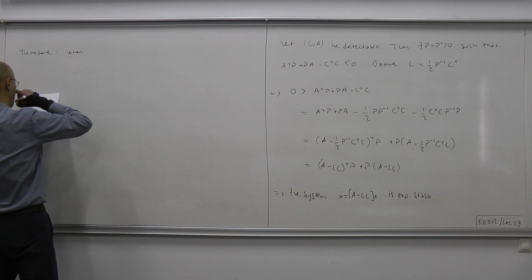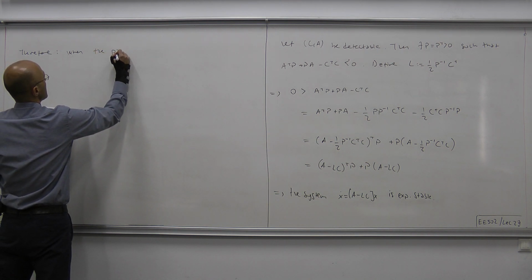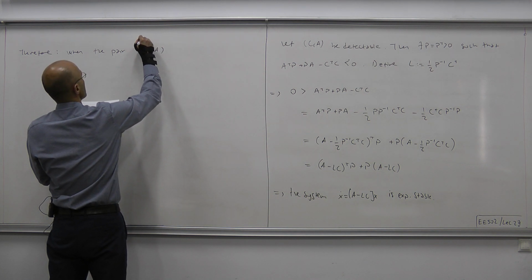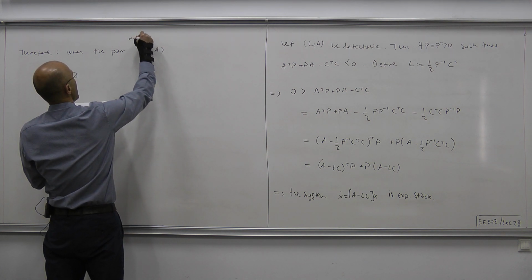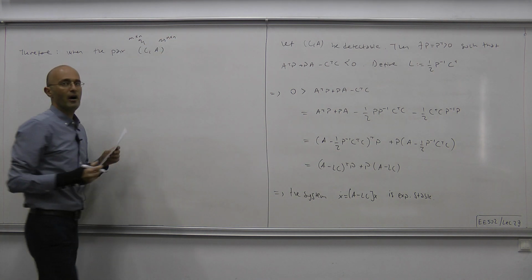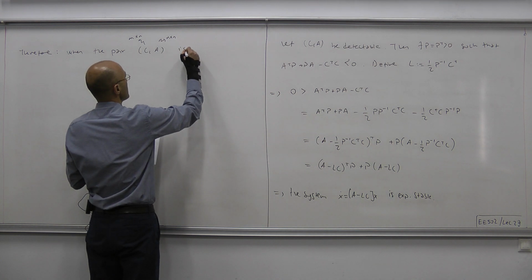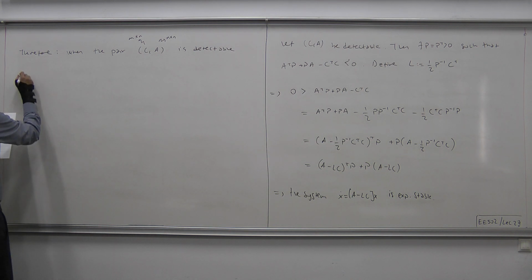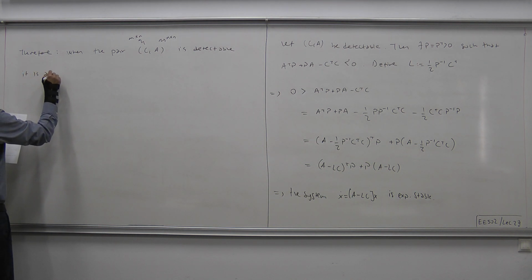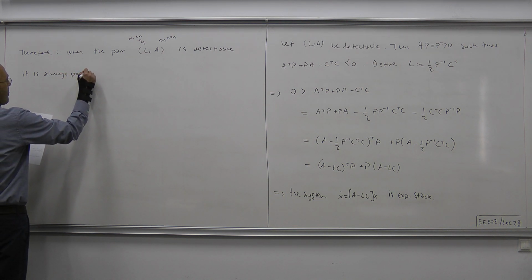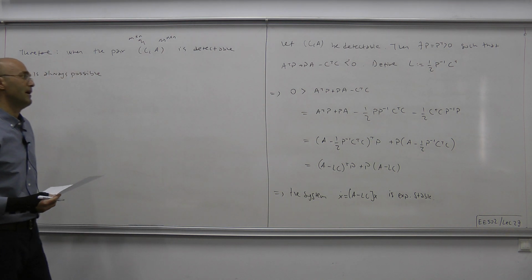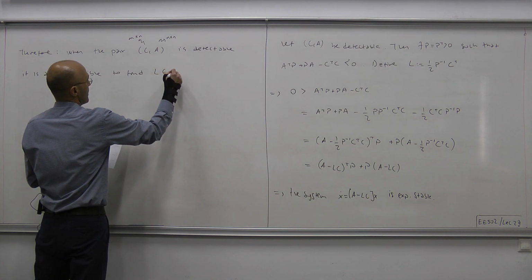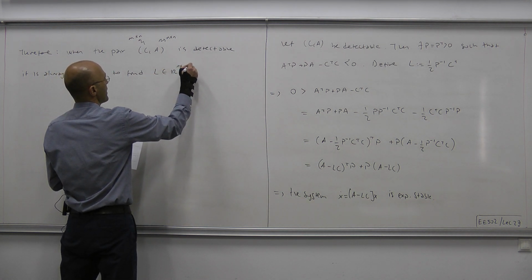When the pair CA is detectable, okay, suppose that C is an n by n matrix and A is n by n, then it is always possible to find a gain matrix L. Okay, that should be n by m.